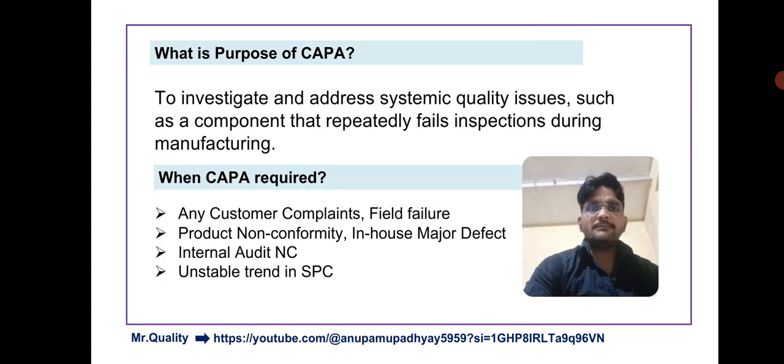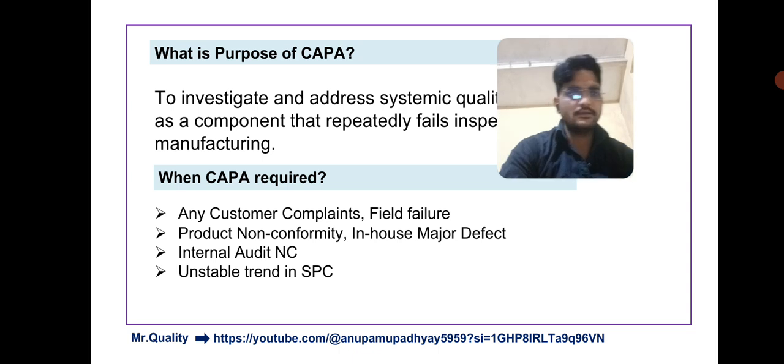What is the purpose of CAPA, what is the aim of CAPA, why are we performing CAPA? To investigate and address systematic quality issues, such as a component that repeatedly fails inspections during manufacturing. When is CAPA required?